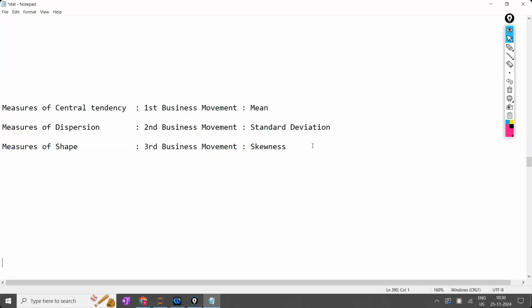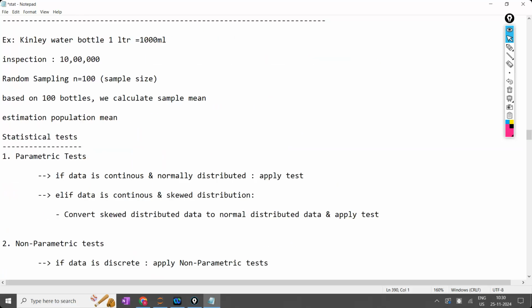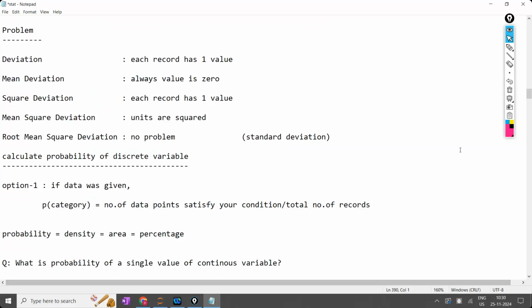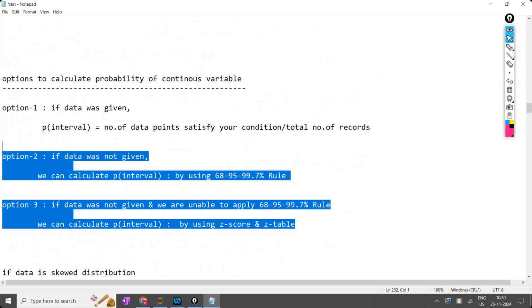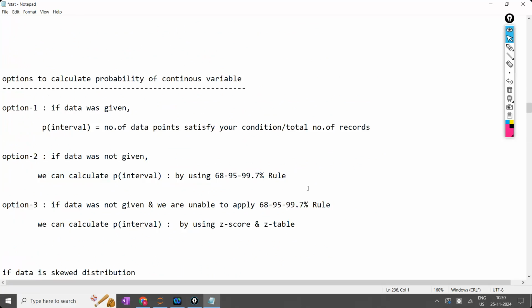For that, as I have told you, what are the options we are having? Two options are there. When the data was not given, we can calculate the probability based on the two options. Option number one is by using the 68, 95, 99.7 rule. Second one is using the z-score and z-table. These are the two options.